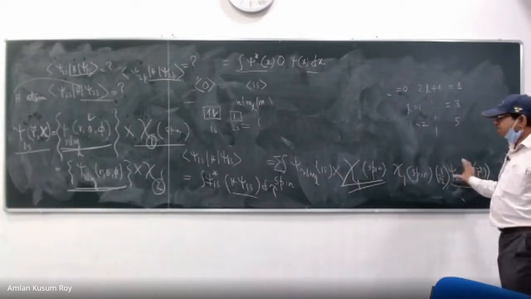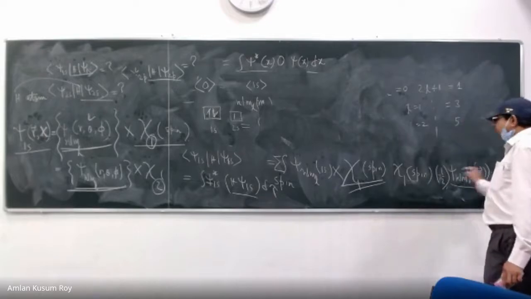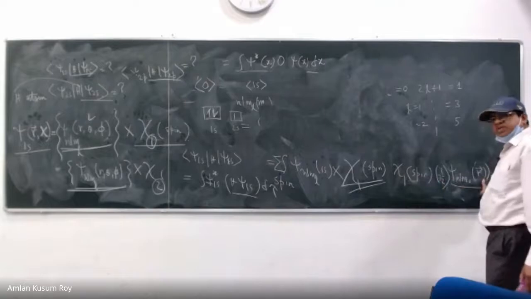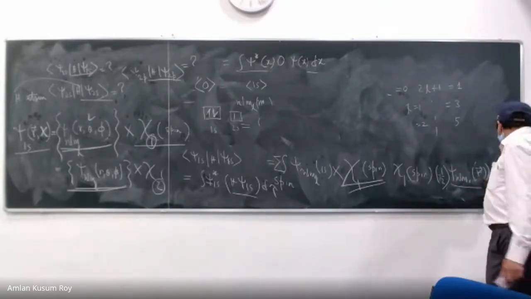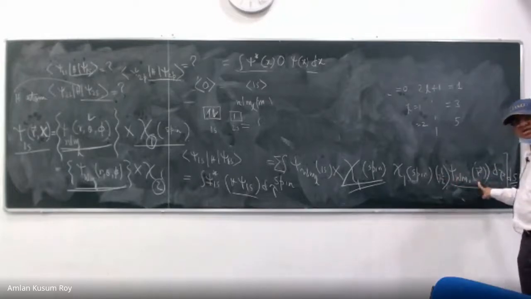You have read that psi 1s star psi 1s d tau. After this, what did you get? Minus half psi. H psi gave you this. There is a d tau, which is as such because it is only H psi.